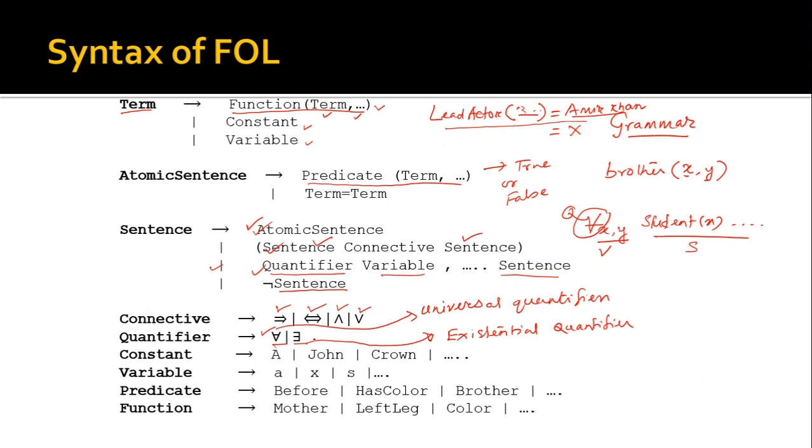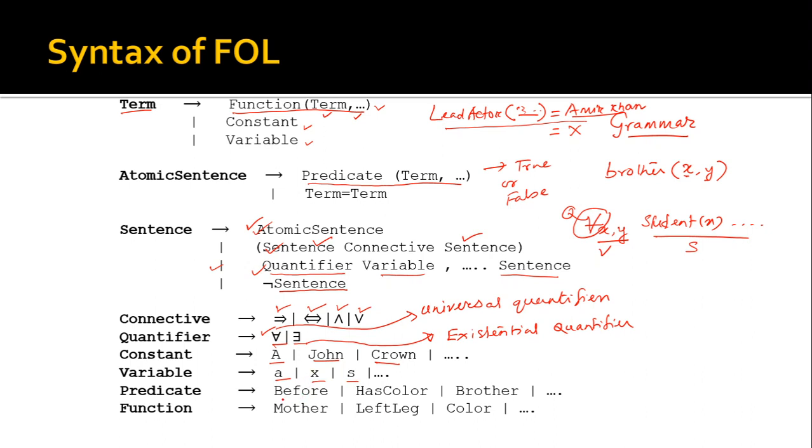So this asserts that for at least one instance of the variable, a certain sentence should be true, right? So that is what it tries to impose. We'll see the use of these two quantifiers later. The constant can be anything, like you can name anything like Crown, John, etc. The variable, again, you can name anything.